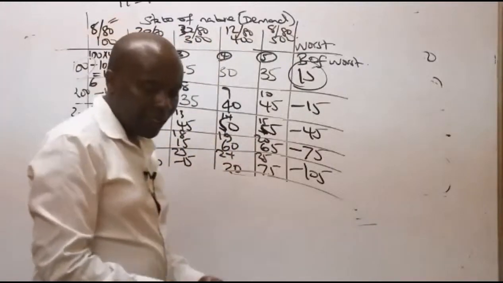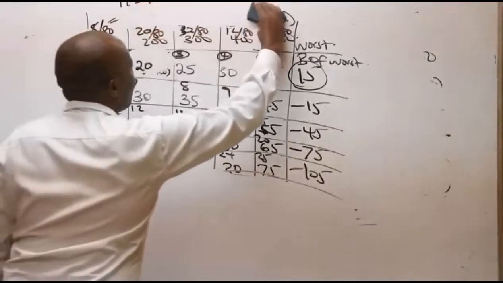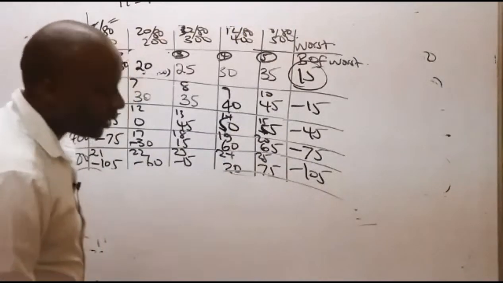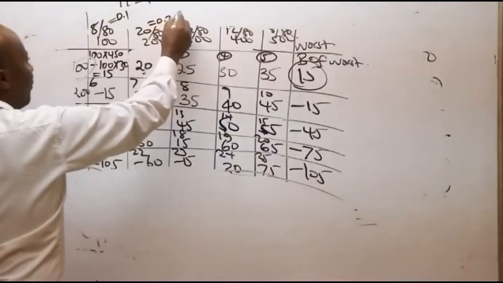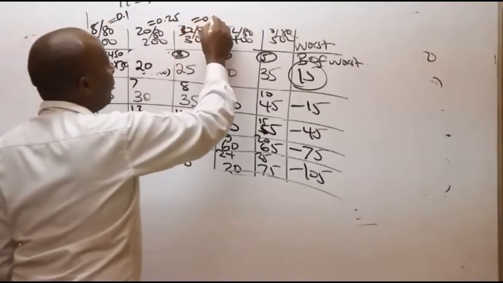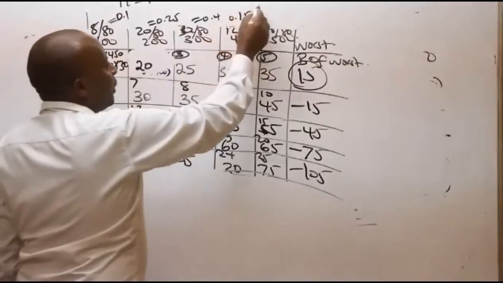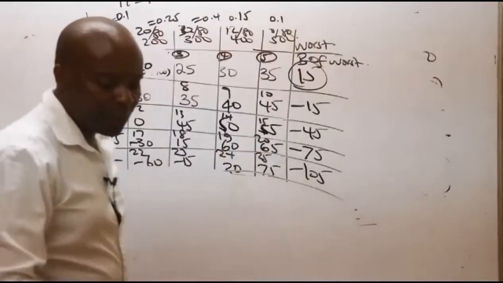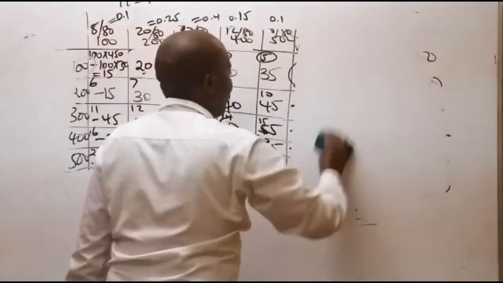So 8 over 80 gives us 0.1, this gives us 0.25, 0.4, 0.15, and lastly 0.1. Now out of this, I should be able to get expected monetary value.